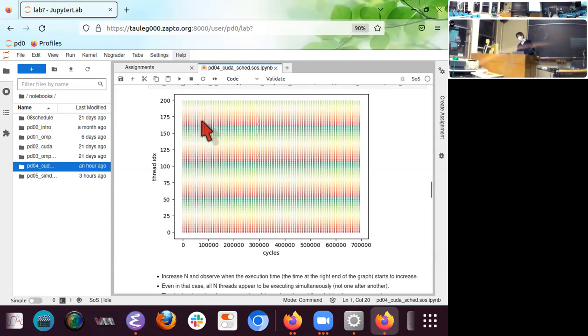So this pattern repeats, right? This suggests it has 108 streaming multiprocessors, and the GPU is dispatching a thread block to an available streaming multiprocessor in a very simple fashion.